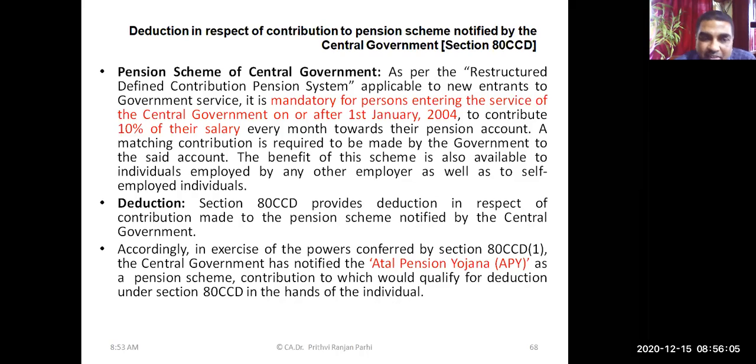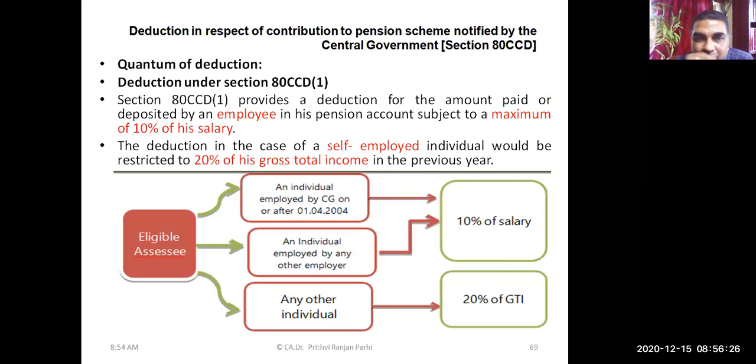80CCD(1) talks about one more scheme notified by the central government, the Atal Pension Yojana, for which contributions can be made and claimed as deduction under section 80CCD. So any contribution made under Atal Pension Yojana is eligible for deduction under 80CCD.